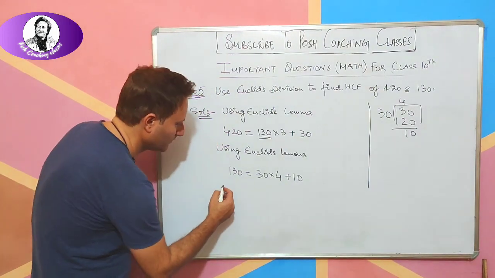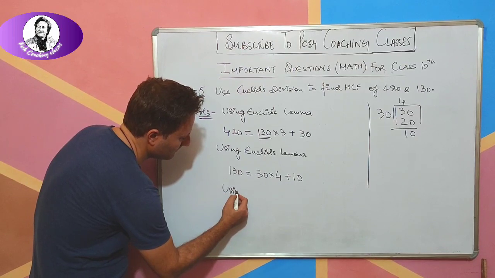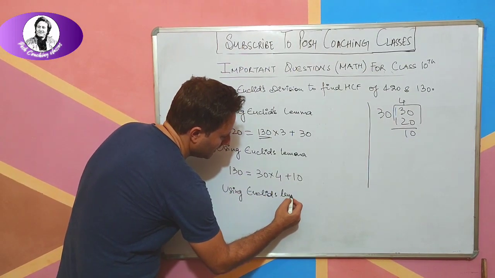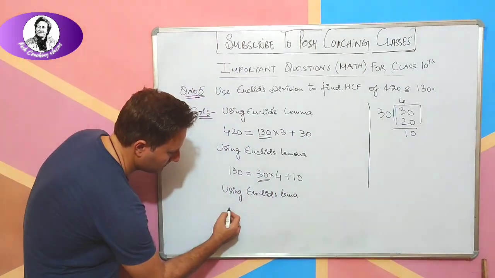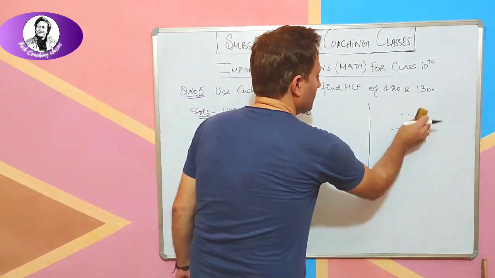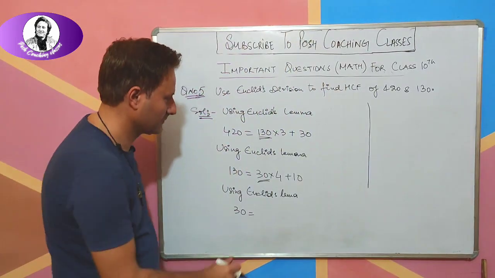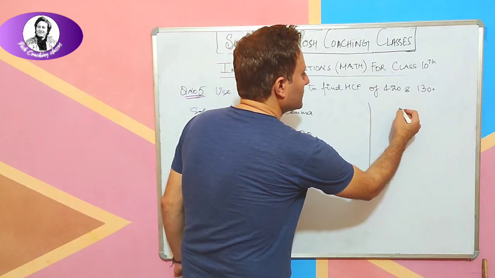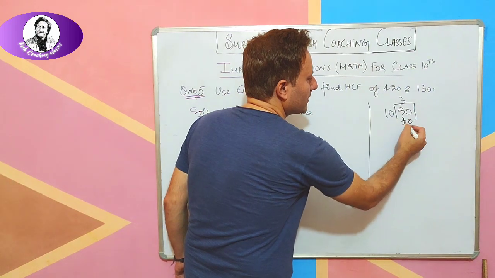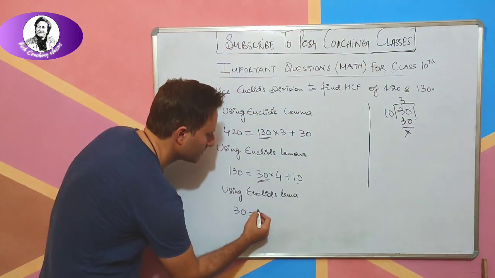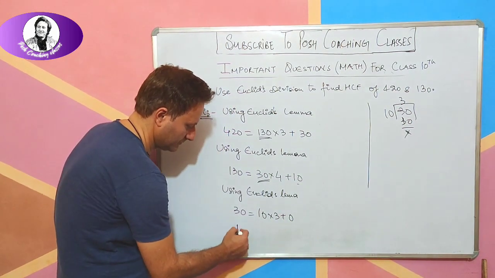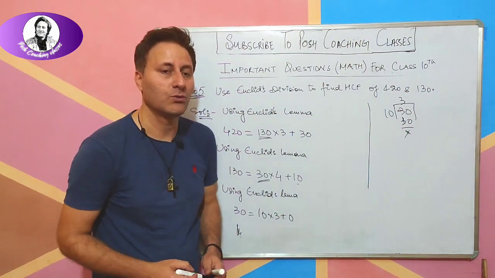Right? Now using Euclid's lemma, we'll take this 30. We'll divide it by 10, so it is 30 divided by 10, 3. Means 10 into 3.